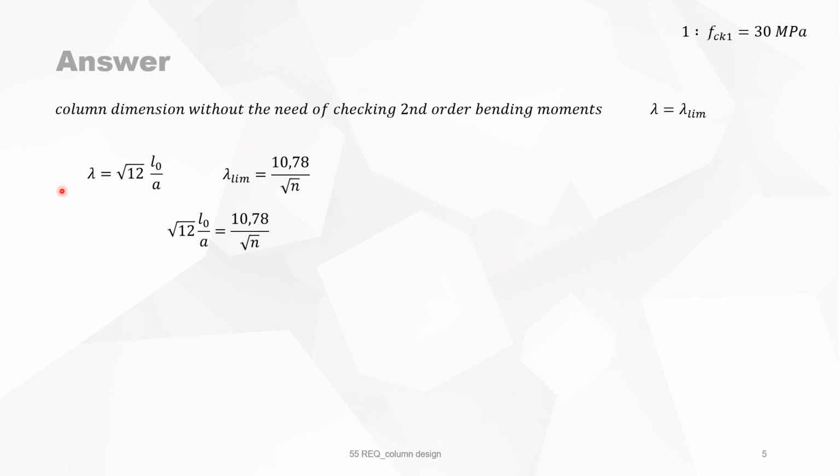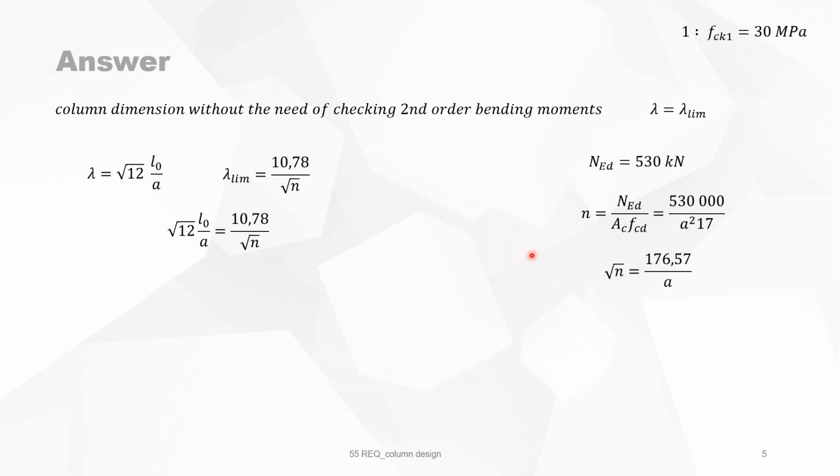Then we take lambda equal to lambda limit, and the normal force is 530 kilonewton. So the loading grade N is equal to the load divided by the maximum design value of the concrete compression strength multiplied by the cross-section of the column.